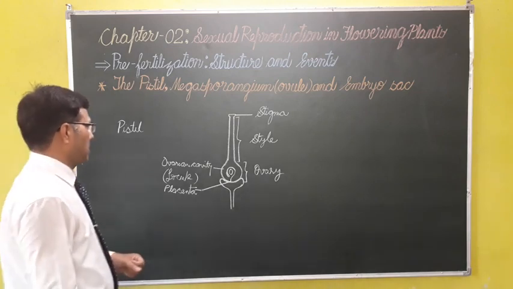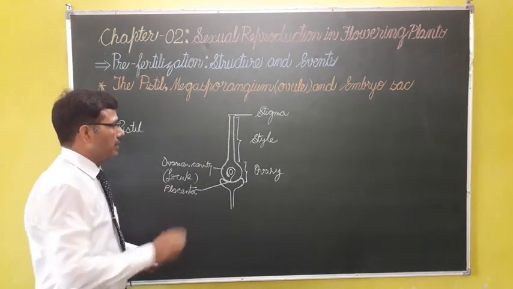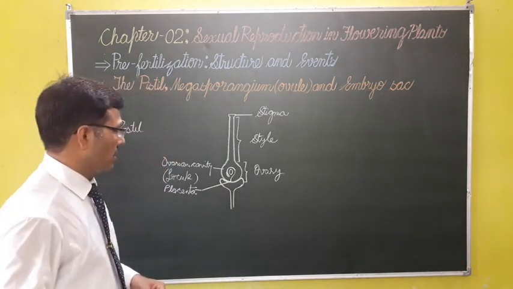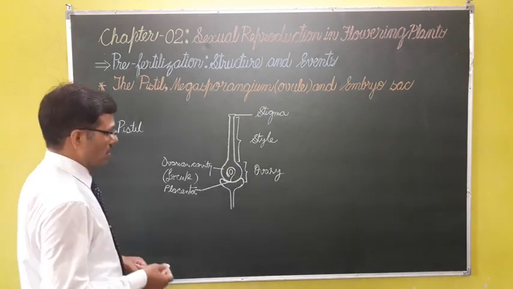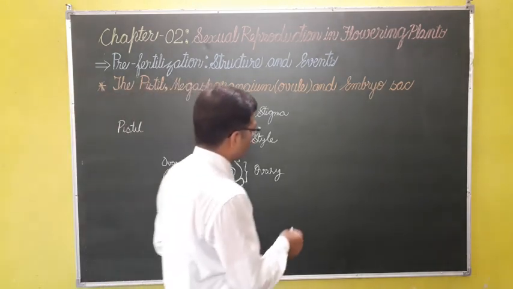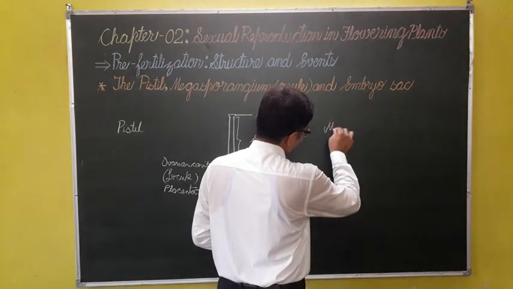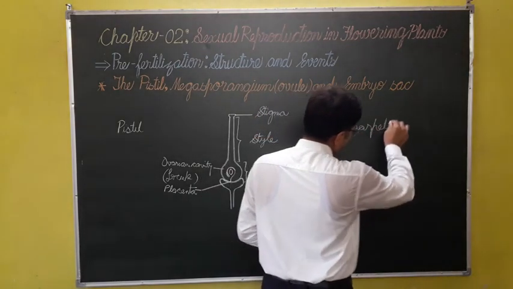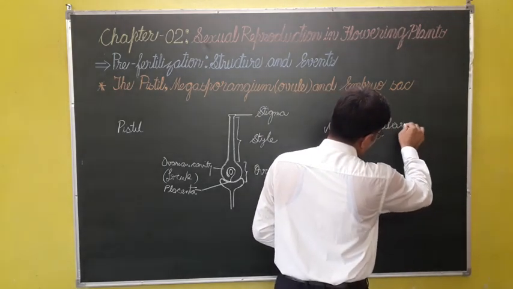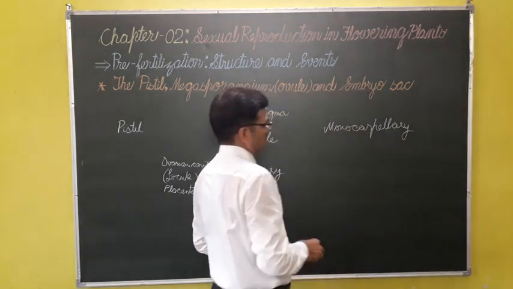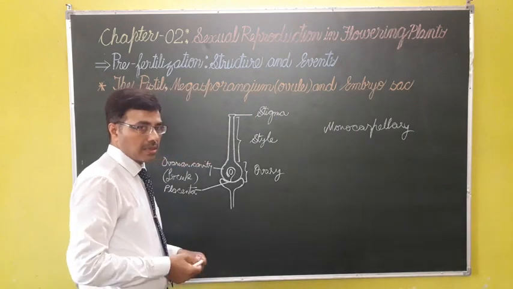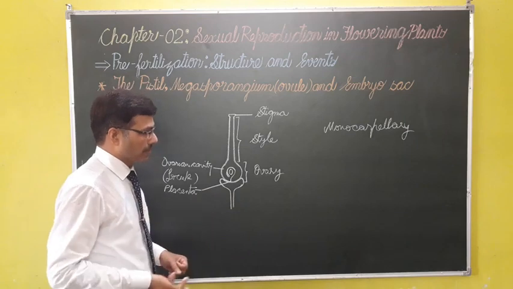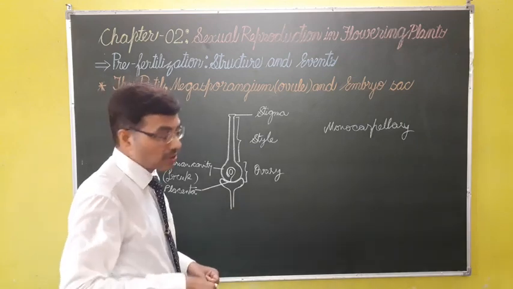Now students, if a flower's gynoecium has a single pistil, that gynoecium will be called monocarpellary.